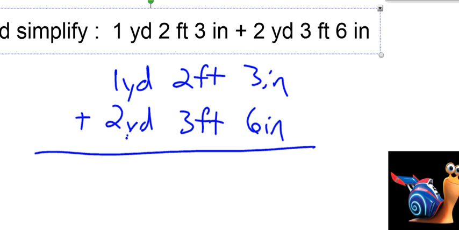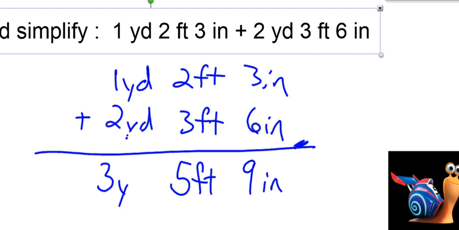We're going to always start on the right side so that we correctly make sure we can borrow, especially when you get to subtraction. 3 plus 6 is 9 inches. 2 feet plus 3 feet gives us 5 feet. And 1 yard plus 2 yards gives us 3 yards.